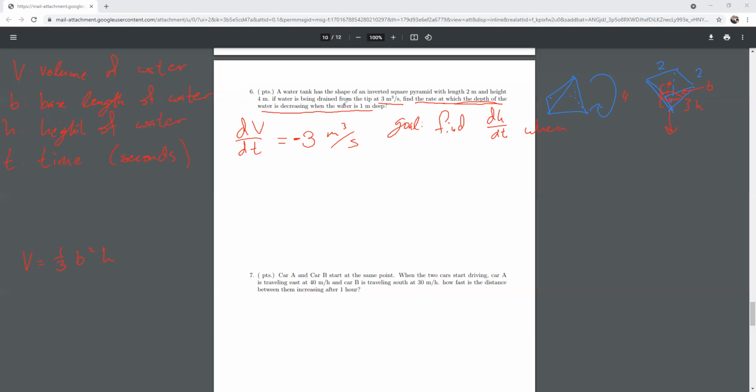When water is 1 meter deep. So again, deepness here means height. So when h is equal to 1 meter. Okay, so that's what we want to do. We can actually treat this as given information. We could kind of move this over here with our information. So this is kind of the information they give us.